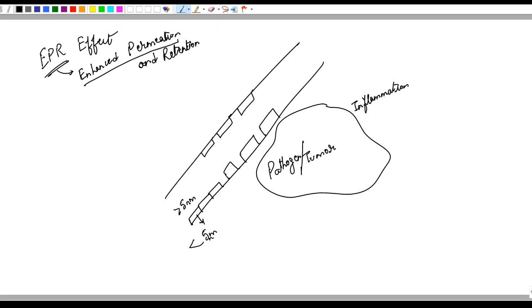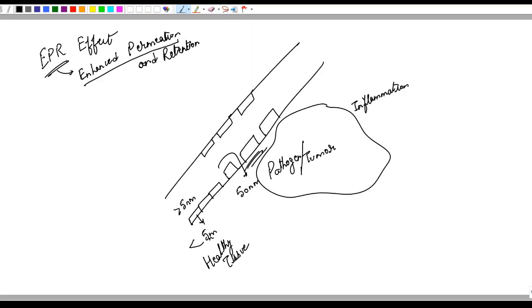Now, because of this, maybe you can even get 50 nanometer to pass through. That means that if I inject something between 5 and 50 nanometer, I will have a much higher localization of those particles in these regions compared to my healthy tissue. So let's say this was healthy tissue. So this is enhanced permeation.